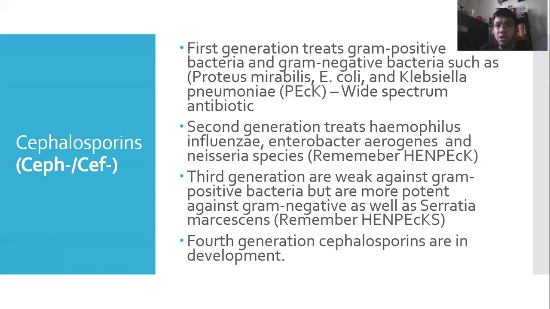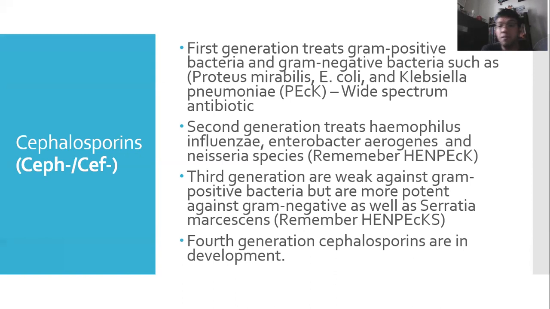For the second generation, three more species are added. For the first, only three species are there. Now for the second generation, an additional three, so a total of six types of bacteria can be treated with this second generation.